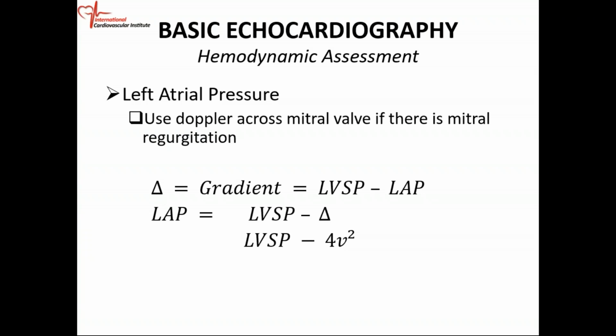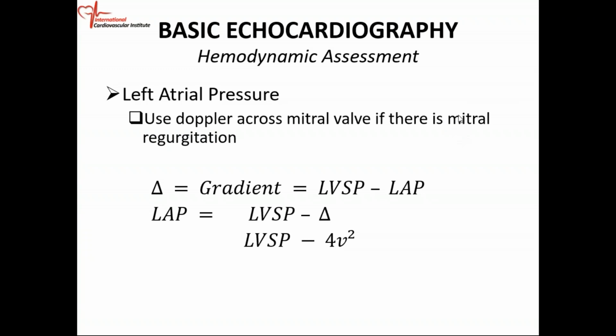So if blood is going to flow in that direction, then the pressure in the left ventricle has to be greater than the pressure in the left atrium. That's the only way you're going to get blood flowing in that direction. Okay? Mitral regurgitation is a systolic phenomenon. Mitral regurgitation can only occur in systole.